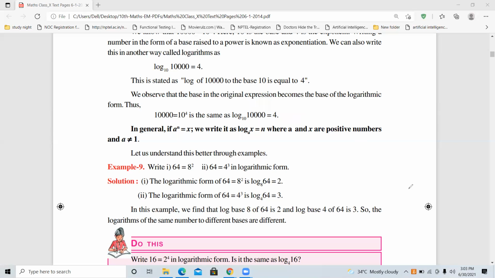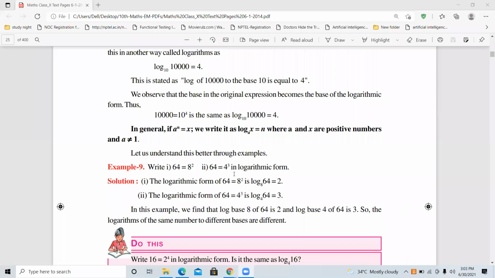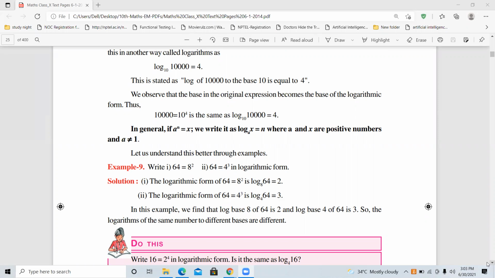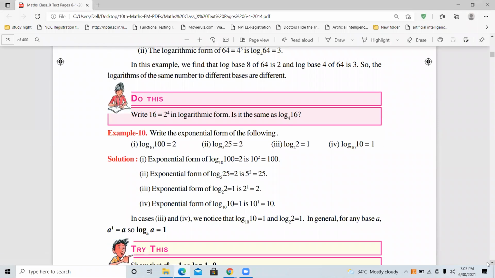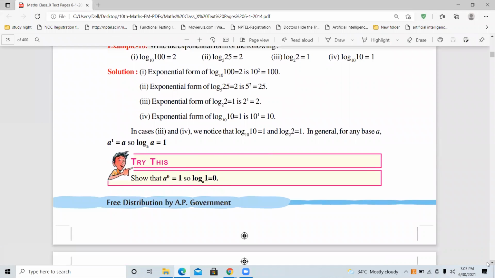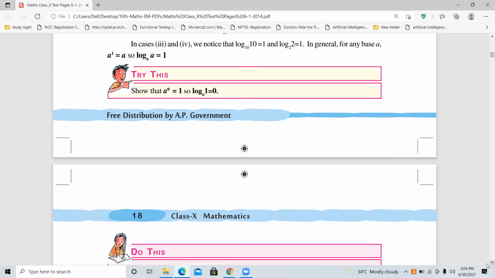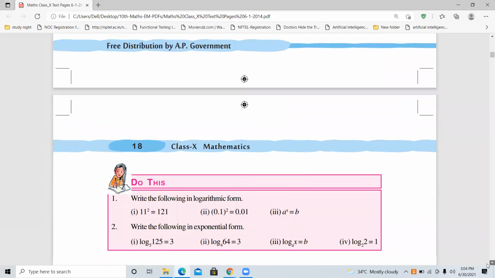Now, you all try to write the logarithmic forms for 64 equal to 8 square and 64 equal to 4 cube, and also try all the example sums. You will get to know how to write the logarithmic forms. And we all know that a power 0 equal to 1, so this can be written as log 1 base a equal to 0. This is one of the important points we have to know.